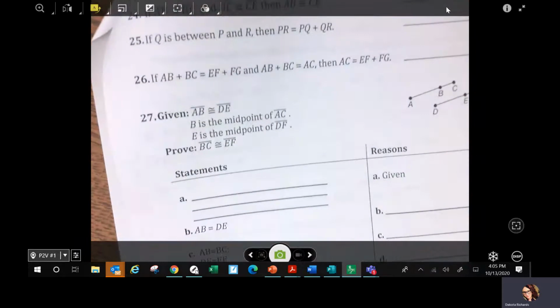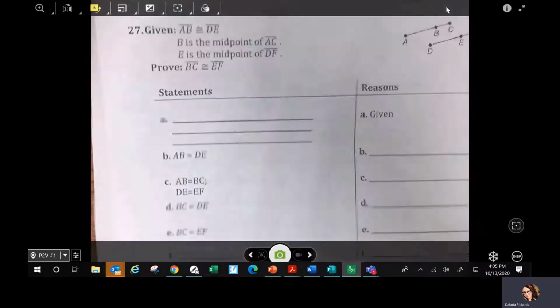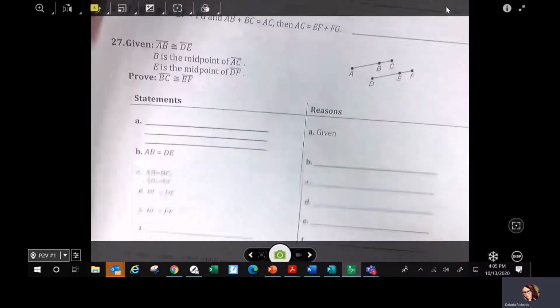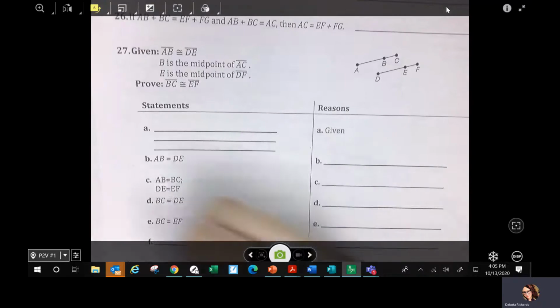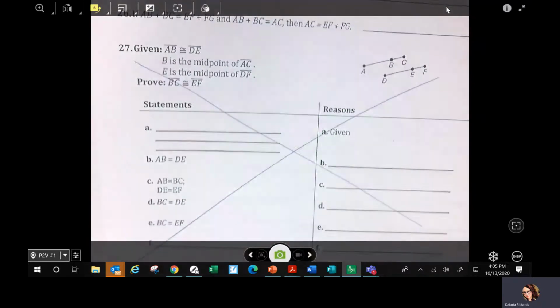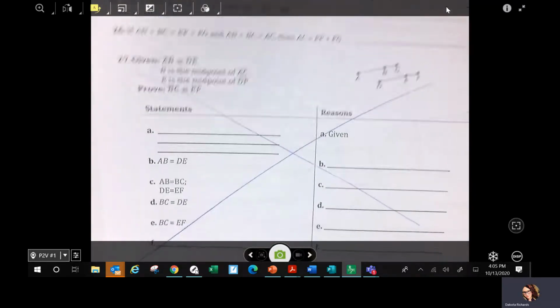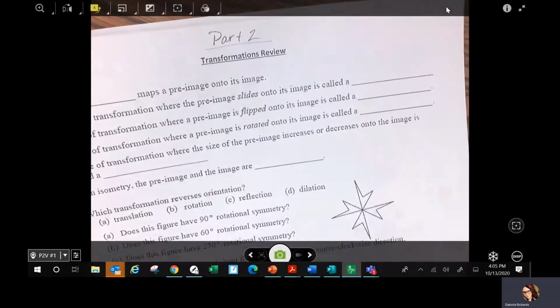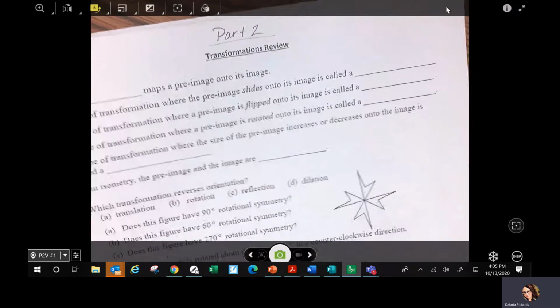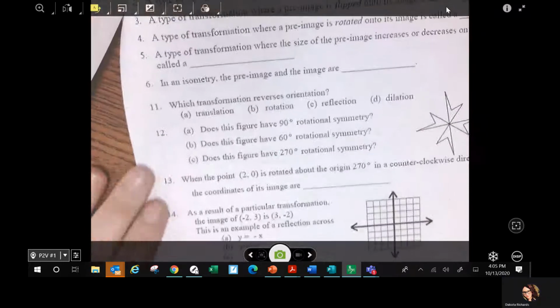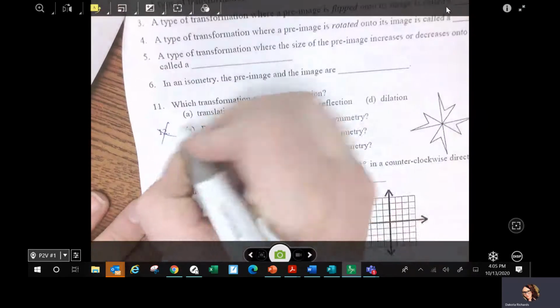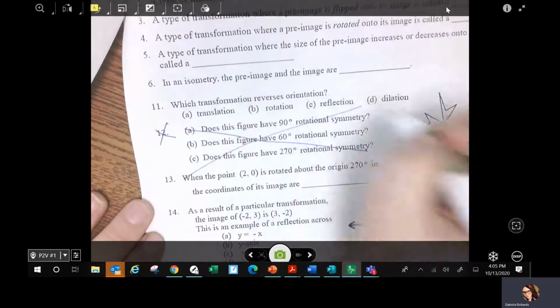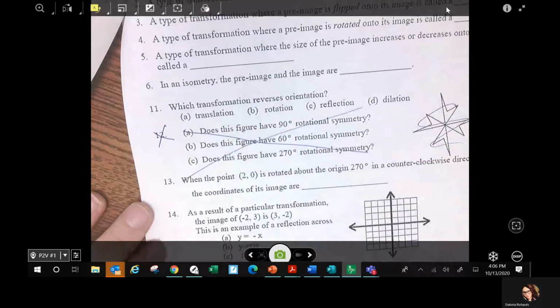That is not 17, 27. That is this ginormous proof. We're not going to do that. So make a big X over that question. And then on part 2 of your review, we are not going to do question 12. So you can cross out all that. You don't have to do A, B, and C. Okay.